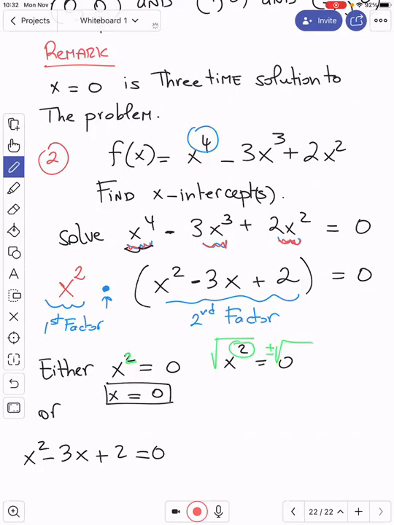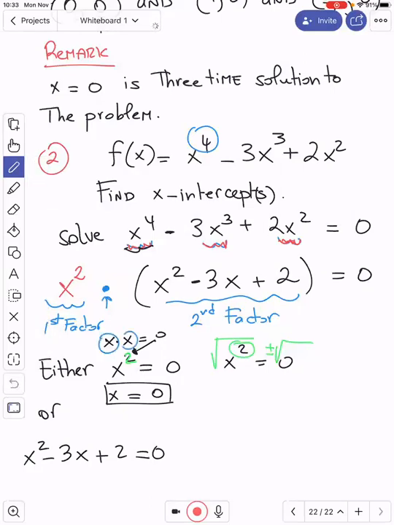All right. Now, because the power of x is 2, then here x equal to 0 is actually 2 times solution of this problem. It's not just 1 time, it's 2 times solution, right? Because this is like x times x, equal to 0, x squared. So x equal to 0 is actually 2 times solution, right?